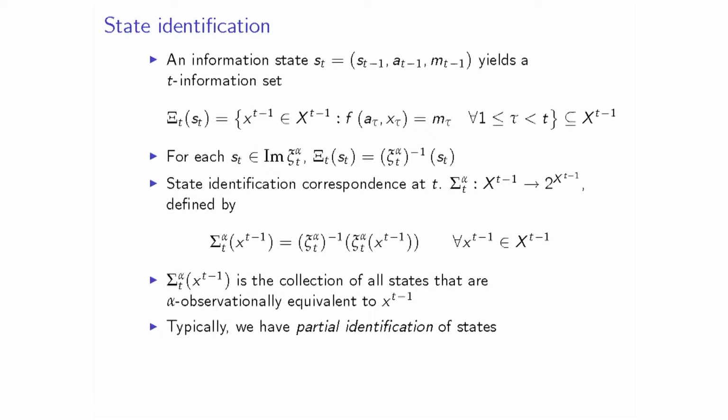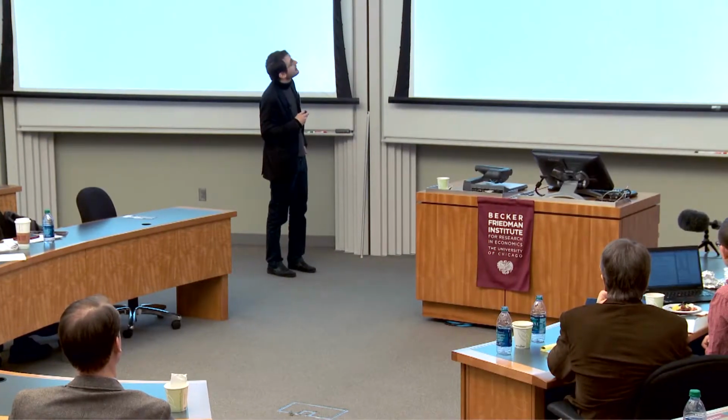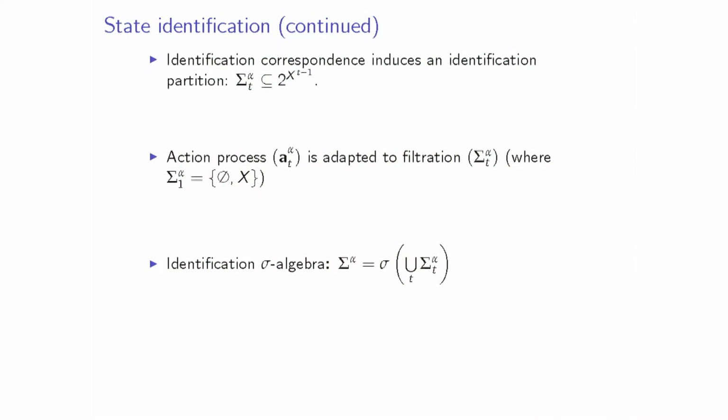That is, a map that associates to each finite history a set of all the possible finite histories that are compatible with the finite history I started from. In particular, the identification correspondence induces a partition over the set of finite histories.